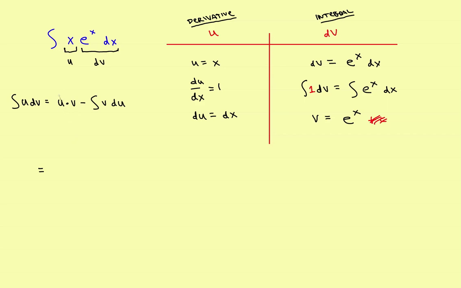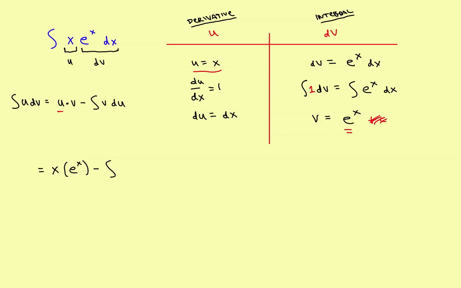What you've got, u is equal to x. So you can put an x right here. Then you've got times v, but v is equal to e to the x. So v would be equal to e to the x, then minus the integral of v.